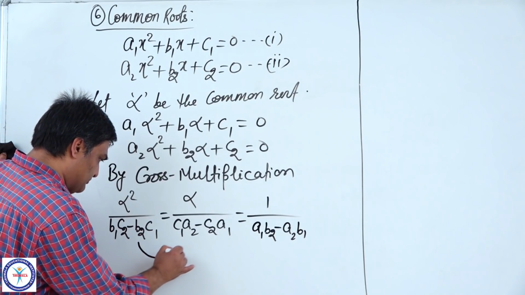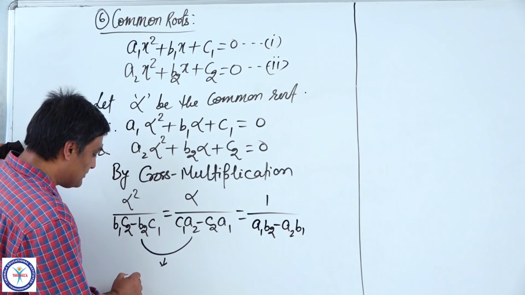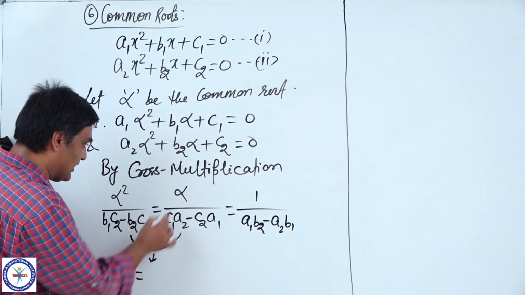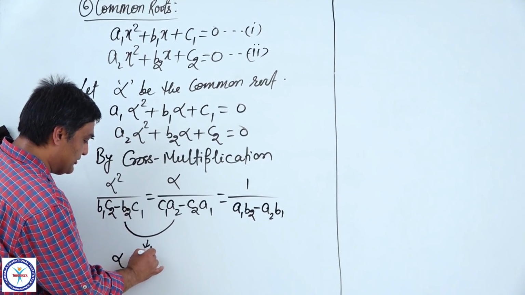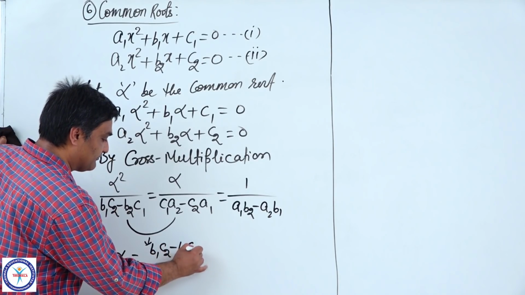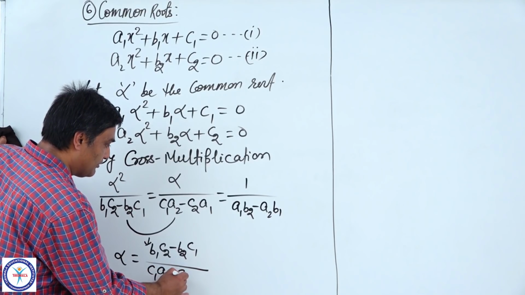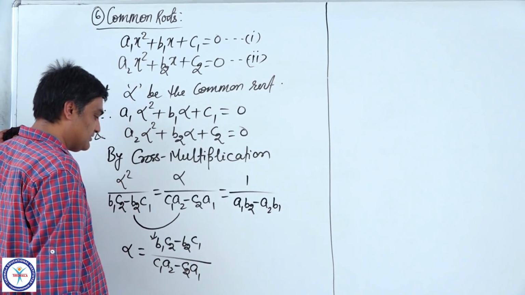Now, if we observe from the first two relations, we can say alpha is b1 c2 minus b2 c1 by c1 a2 minus c2 a1.